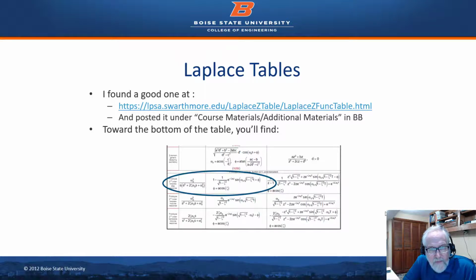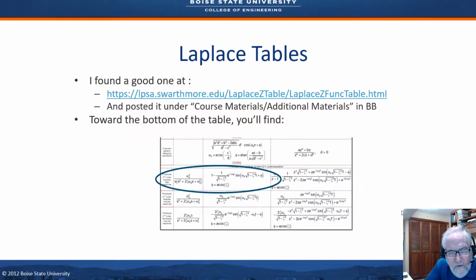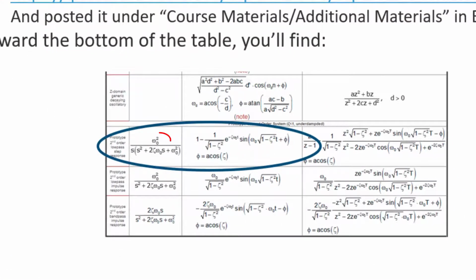You can find it there. It's about a page and a half, and this is down towards the bottom of the second page. There are these three forms, and here's the one we're looking for. We have a constant term in the numerator, and a quadratic multiplied times an s, and there's what the inverse Laplace looks like.